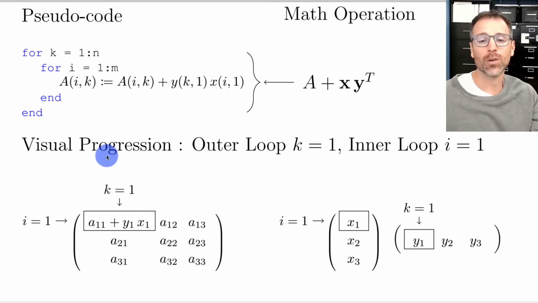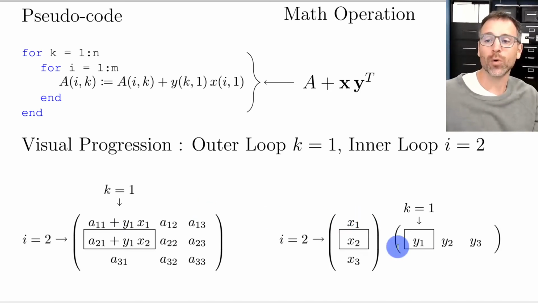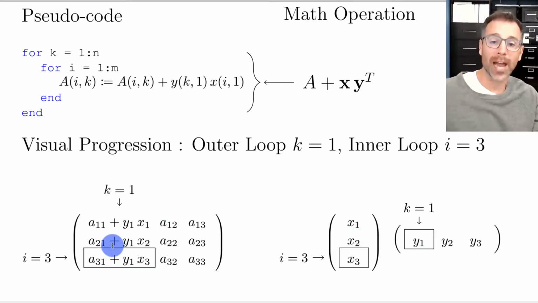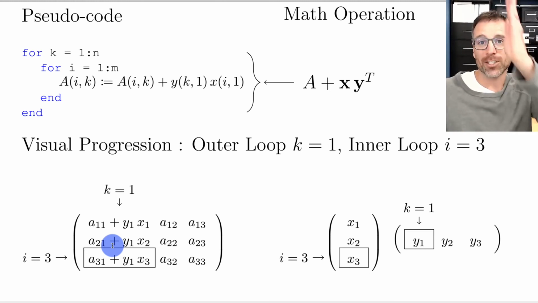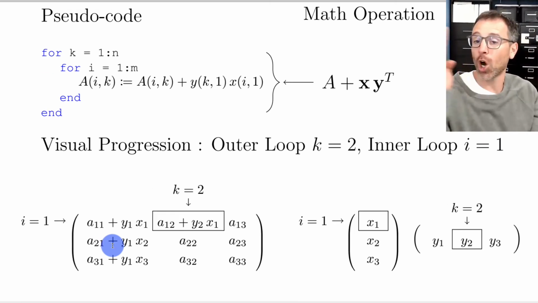So we set k equal to 1, which means we're in the first column. When we set i equal to 1, we're in the first row of that column, and we take the previous value of A, we add that to y1 times x1, then we increment the inner loop. So now we go down to the next, y1 times x2 plus A21, go down to the next one, y1 times x3 plus A31. That gets us our entire first column, which means we increment our outer loop, which goes up to column 2.